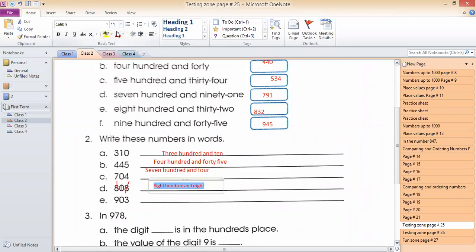This is the answer here. 903. Ones, 3 ones, 0 tens, and 9 hundreds. So write 900 and THREE 3. 903. This is the answer.